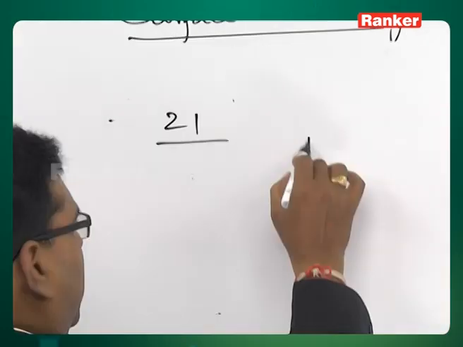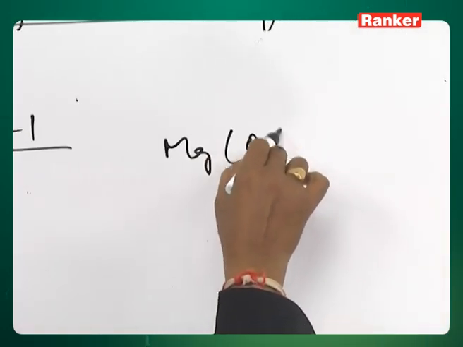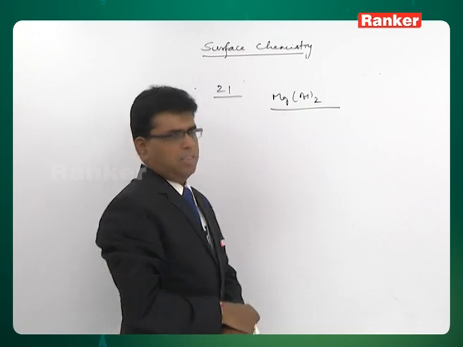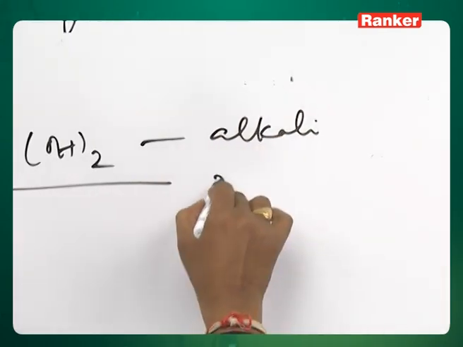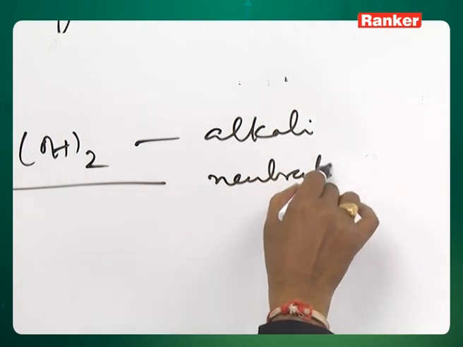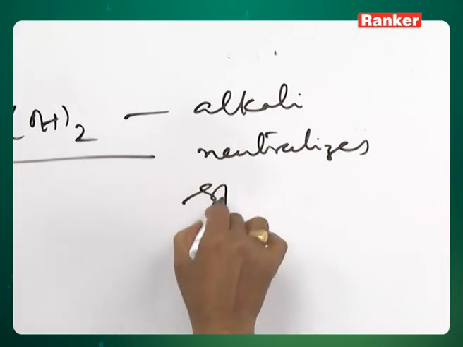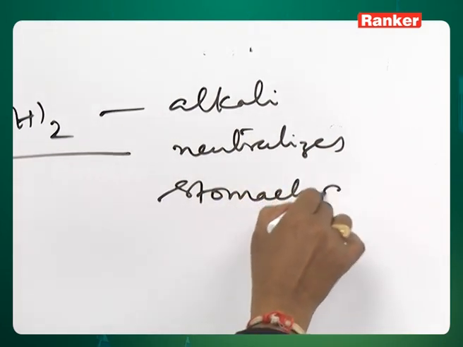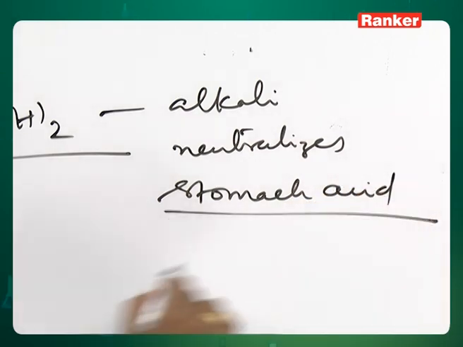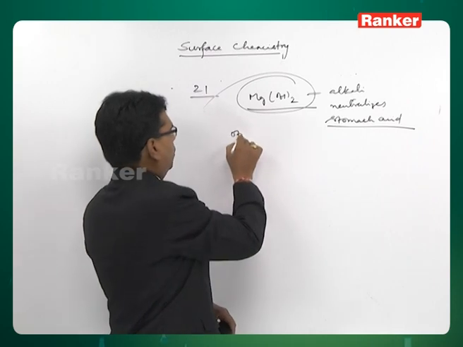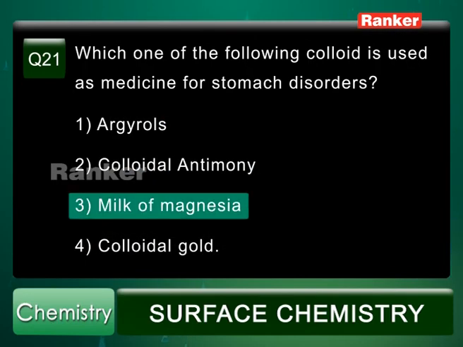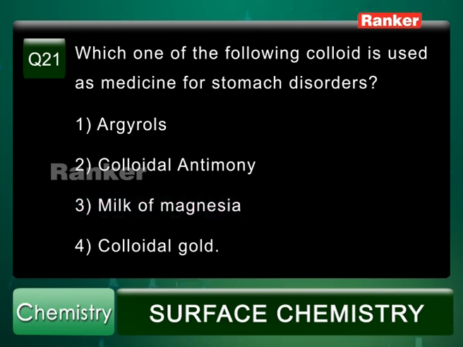It is milk of magnesia, that is magnesium hydroxide. Magnesium hydroxide, being an alkali, neutralizes stomach acids. Therefore, option 3, milk of magnesia, is the correct answer for question number 21.